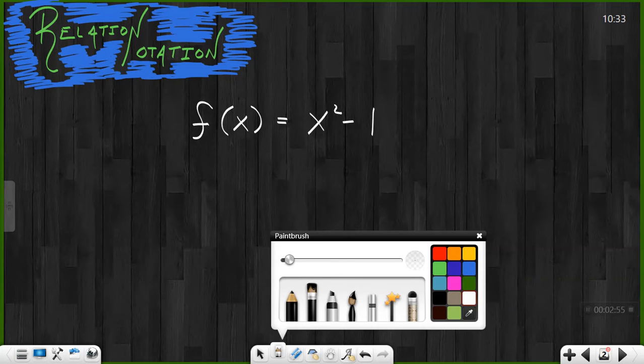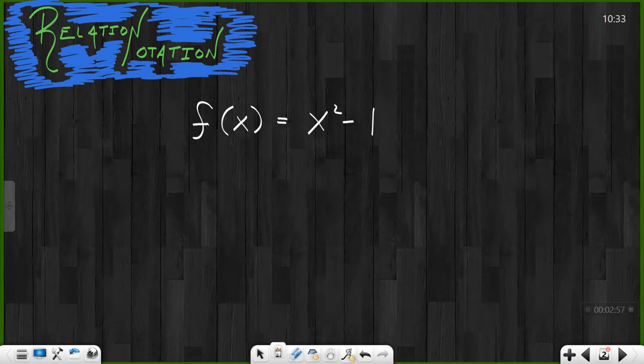So if this is my relation, as we just saw, and I asked you to find f of 3, well, that means that my input, now replacing x with 3, is what I'm going to put into my expression. I'm basically going to substitute. And I continue to put this f of 3 on the left-hand side and equals, and on the other side I actually get my output.